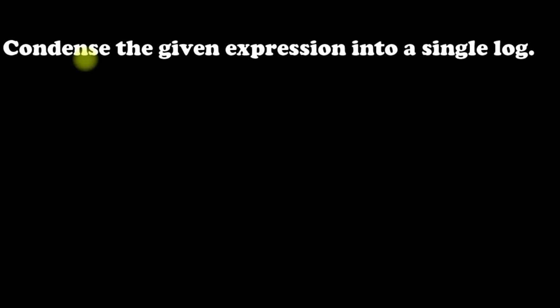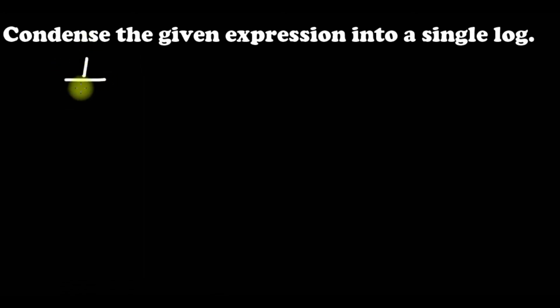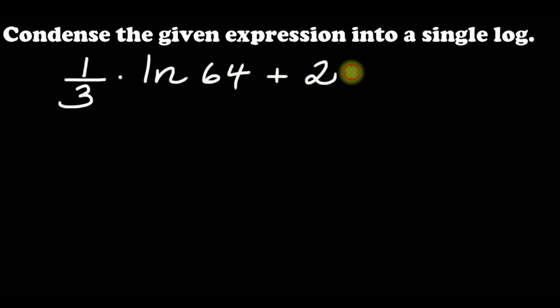So now we're going to get into condensing the given expressions into a single log. So here is the example. You've got 1 over 3 times ln of 64 plus 2 times ln of x.